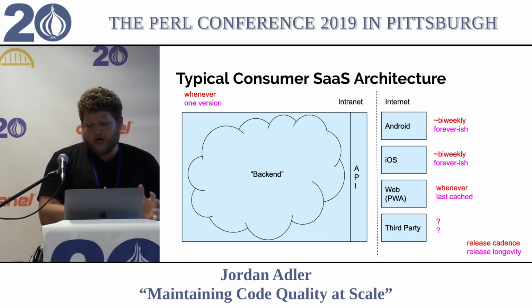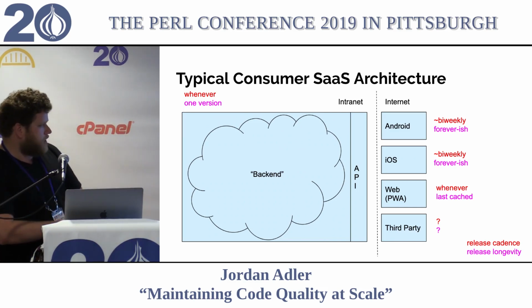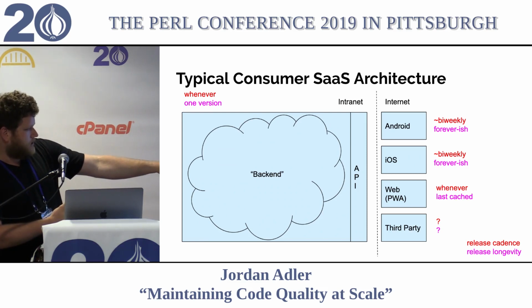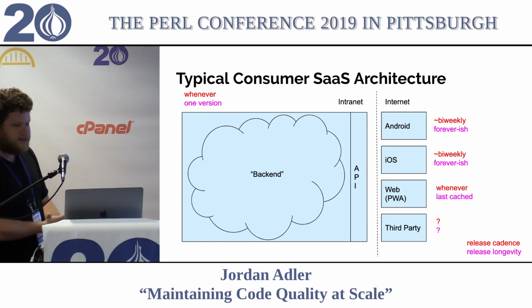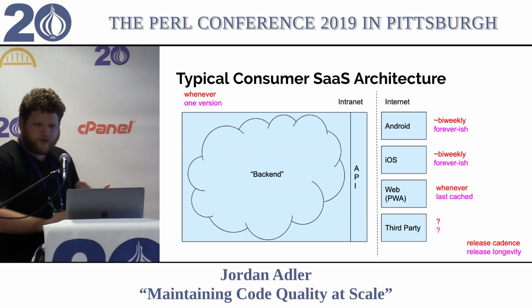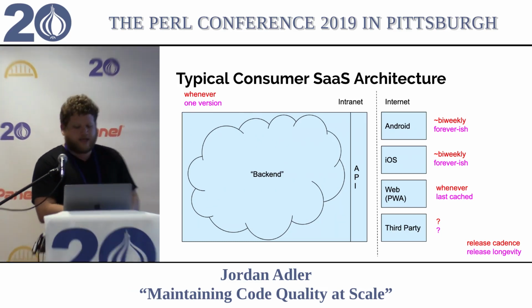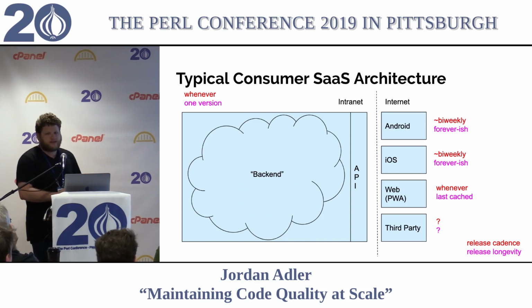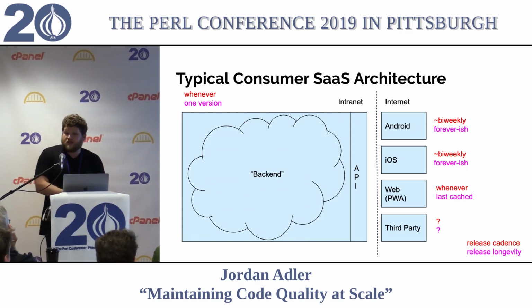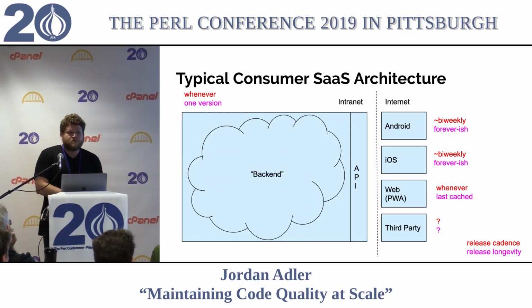And there's a couple things to note here, in the bottom right in what I like to call Dunkin' Donuts color coding. We have release cadence, so how often we release something. And you can see on Android and iOS, it's shrink-wrap software. You're delivering digital software digitally.